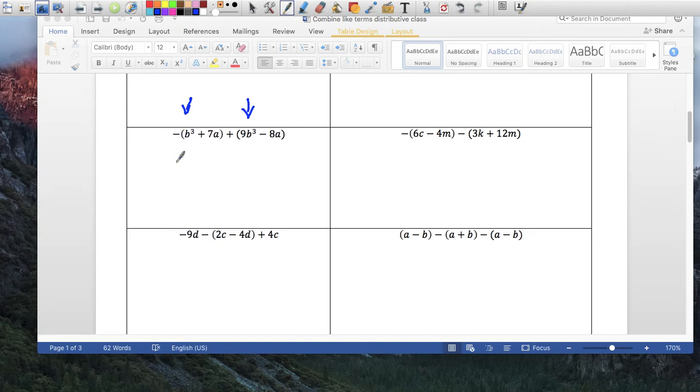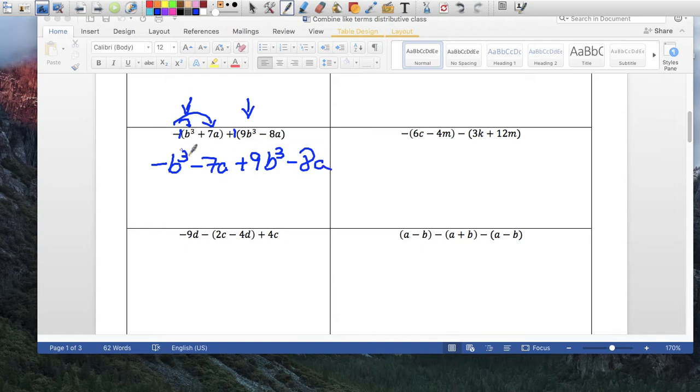So it's a positive b cubed, so it's going to be negative b cubed. It's a plus 7a, it's going to be negative 7a, if you multiply that. A negative times a positive is a negative, so it comes out negative. Now this one is positive, so if you put a plus 1 over here, that's a positive 1, and everything inside will come out of the parentheses exactly as it is. So it's plus 9b cubed and minus 8a.